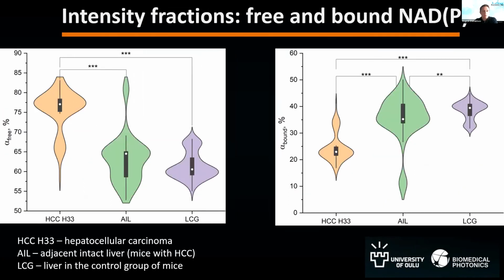But then we believe at the moment the best parameter is the ratio between the first fluorescence component in the mix and the fraction between fast and slow components. And you can see the distribution of our points.